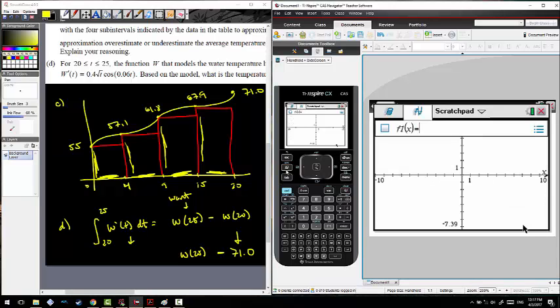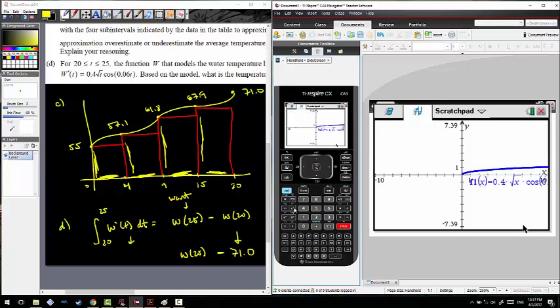I'm going to put it in a graph, or you can just punch it in. It doesn't really matter. 0.4 rad x cos 0.06x. Okay, kind of a strange graph, kind of a strange function.